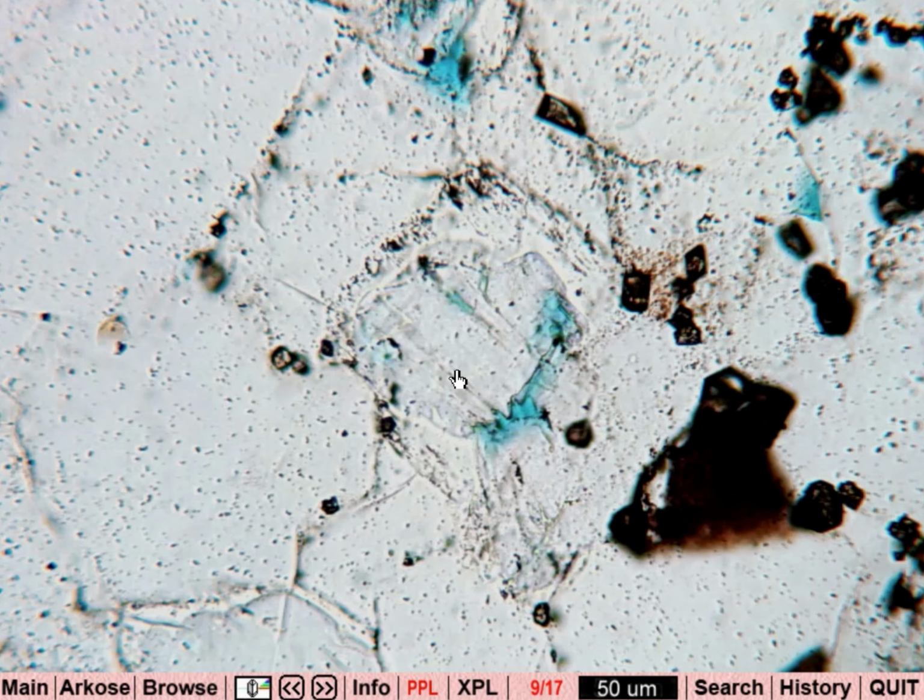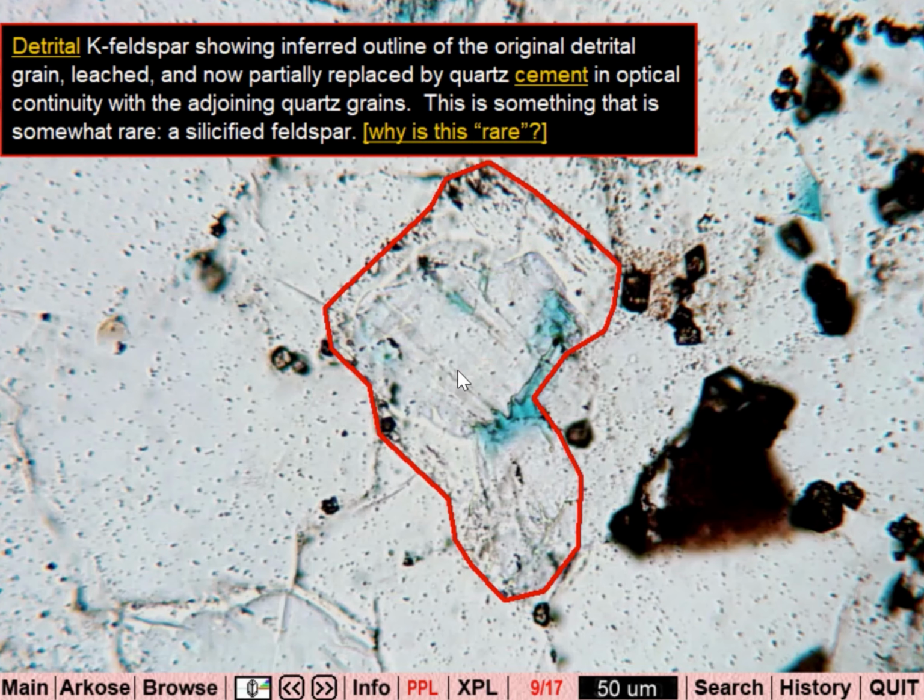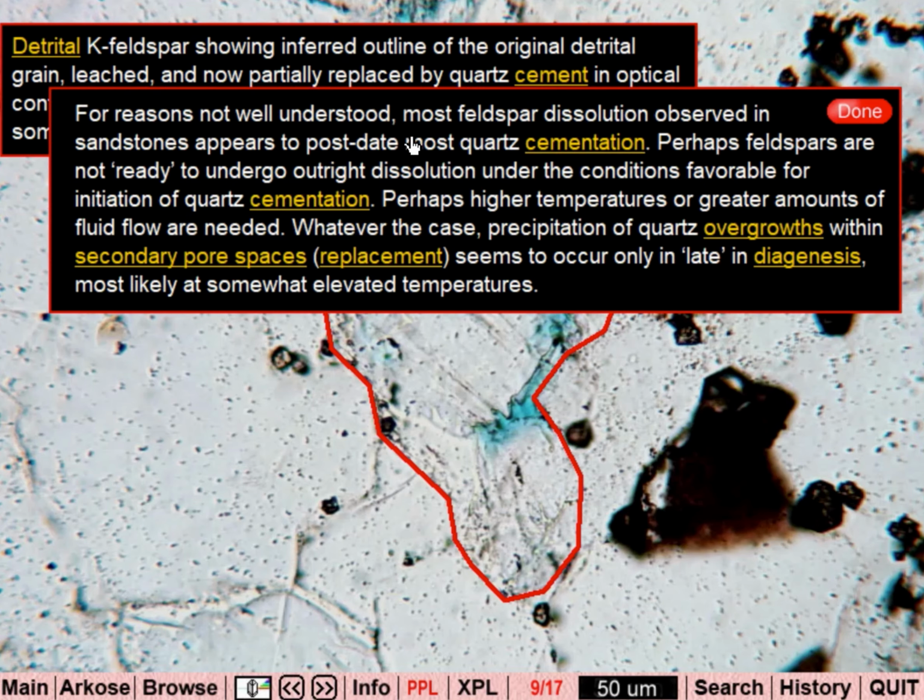Okay, here, most of what we're looking at is quartz, but in the center there used to be a detrital K-spar. In this case, quartz cement has filled in, and this is something called a silicified feldspar, and the process is silicification.